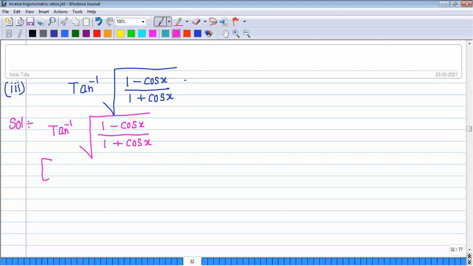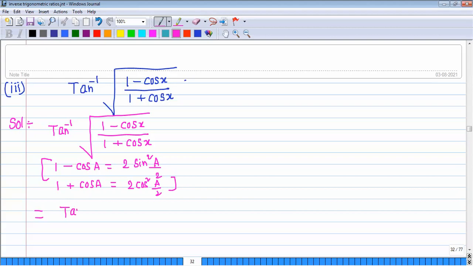Right. Here 1 minus cos A equals 2 sin square A by 2. 1 plus cos A equals 2 cos square A by 2. Let us substitute here.